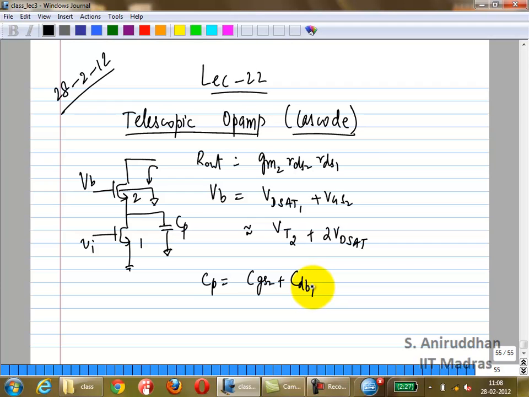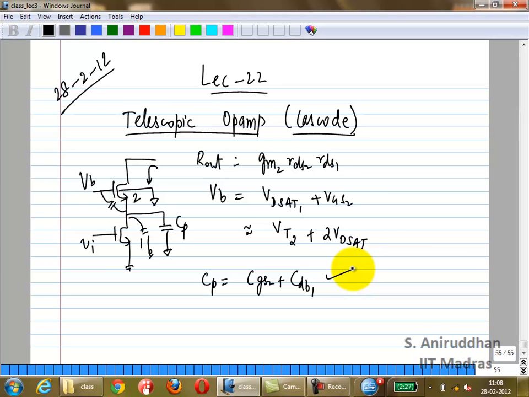You have CGS2 here and CDB1 here, right? And the gate is signal ground. Correct? Okay, so this is the parasitic capacitance.